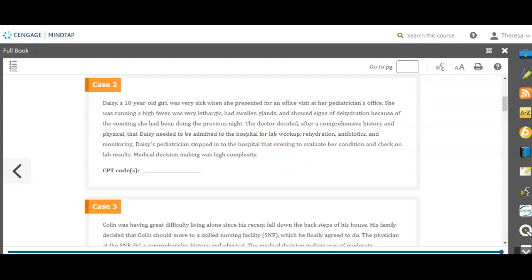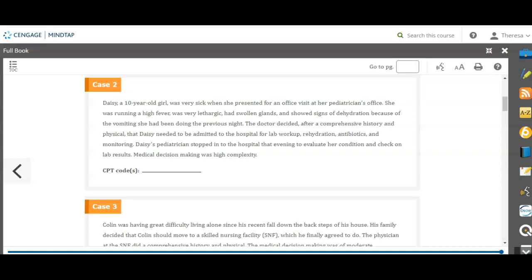All right, for this case, what you need to understand, and it's very important, is that she was admitted to the hospital. She had a lot going on with her. She had a comprehensive history, a comprehensive physical, and medical decision-making was high complexity. The easiest way to do this one would be to go to the evaluation and management tables, and you can find those right before the evaluation and management section in your coding manual.